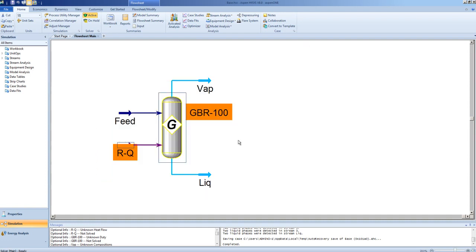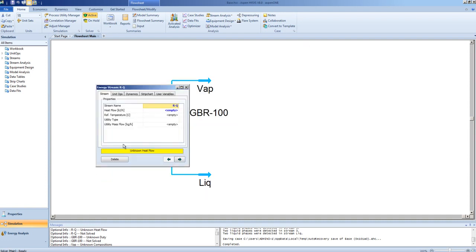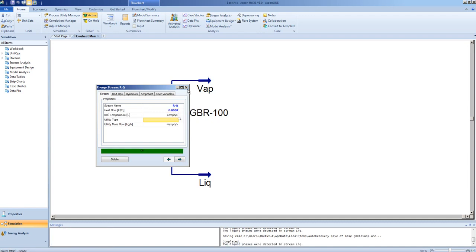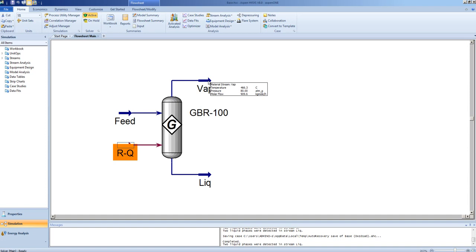We must add some information. In this case, for an adiabatic reactor, 0 kilojoules per hour. There is no exchange of energy with the surroundings. And as we expect, the temperature of the exiting stream would be 466.3.